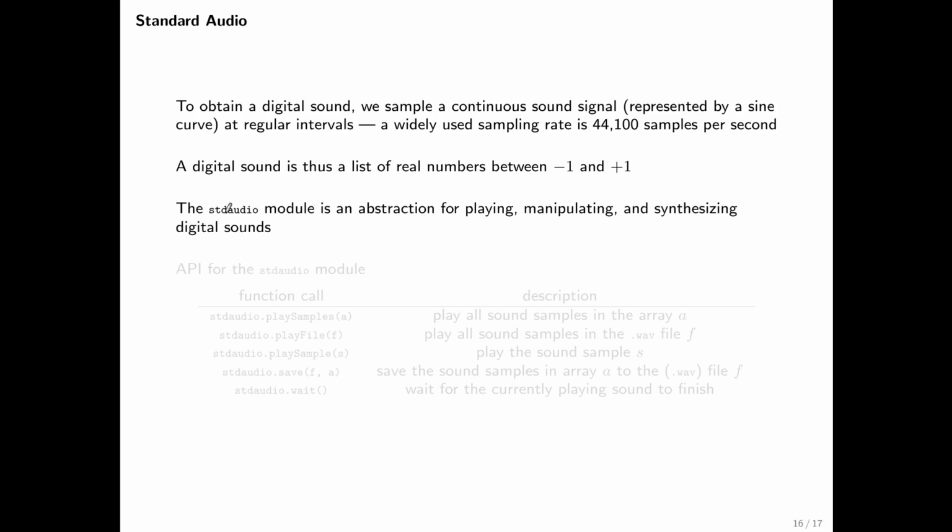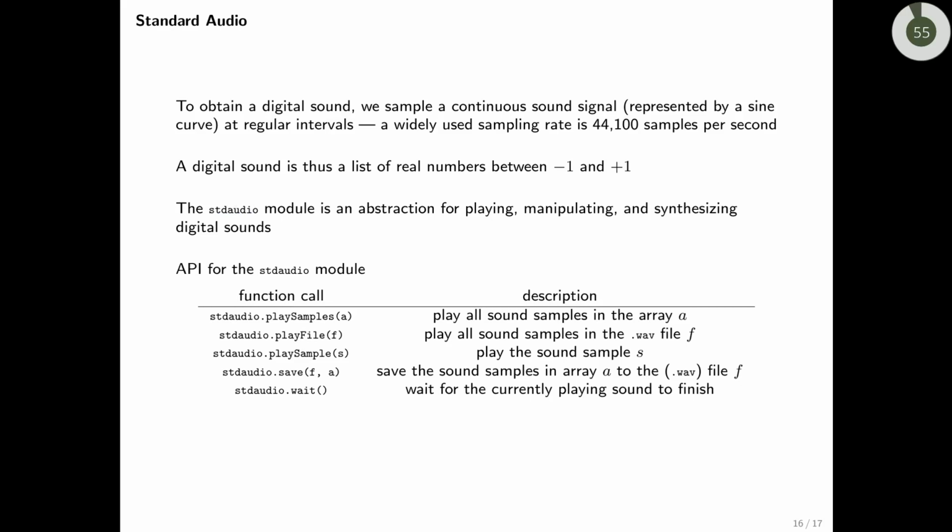Now it's the Std audio module that we're going to use as an abstraction for playing, manipulating, and synthesizing digital sounds. And here is the API for this module. The first function here, play samples, takes a list A of floating point numbers, and it simply plays those sound samples on your system's audio hardware.